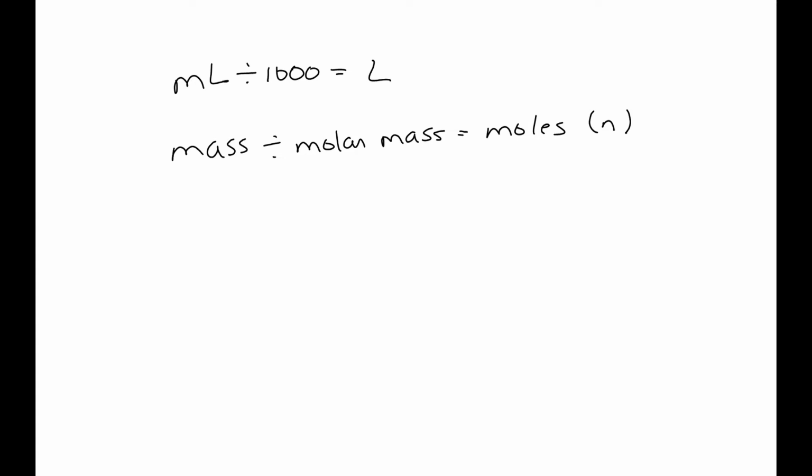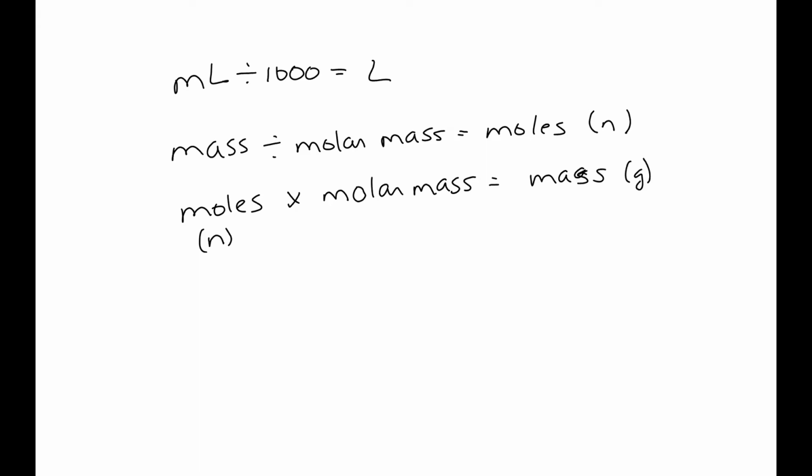Sometimes you're asked for the mass, so moles times molar mass, where moles is N, gives you your mass in grams. So you're going to need to know these conversions.